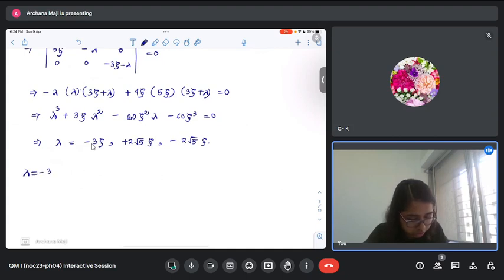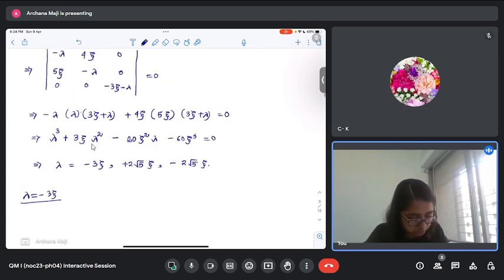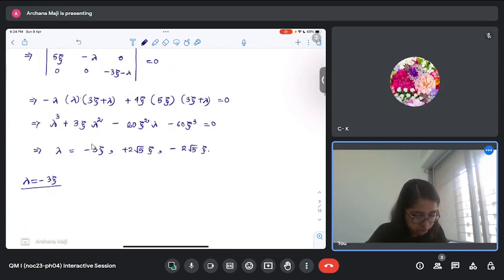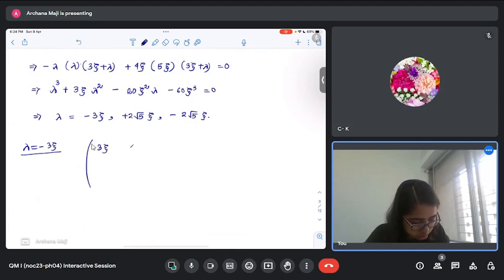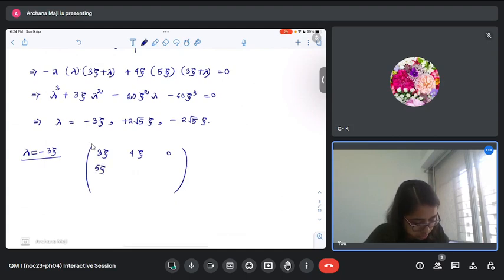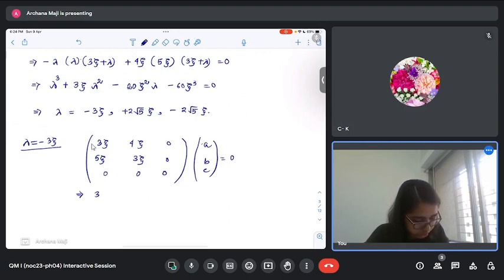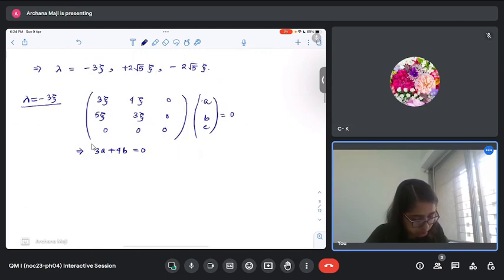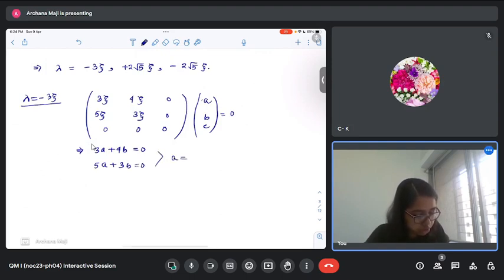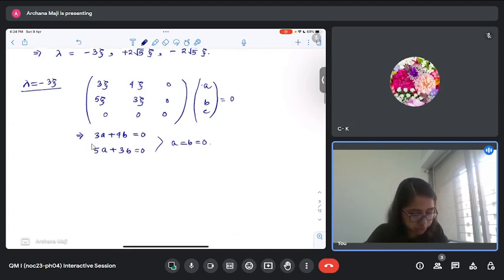So we can find the eigenvectors corresponding to lambda equal to minus 3 xi. We get 3a plus 4b equal to 0 and 5a plus 3b equal to 0. From these two we see a equal to b equal to 0 and c is arbitrary. So the state corresponding to lambda equal to minus 3 xi will be 0, 0, 1.